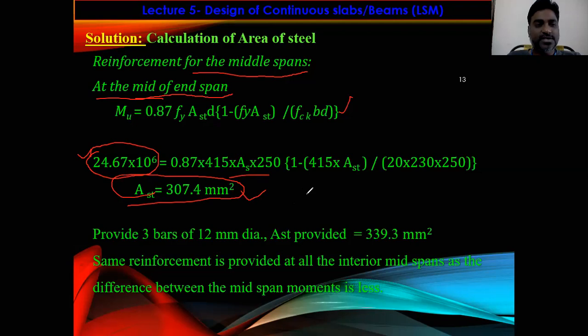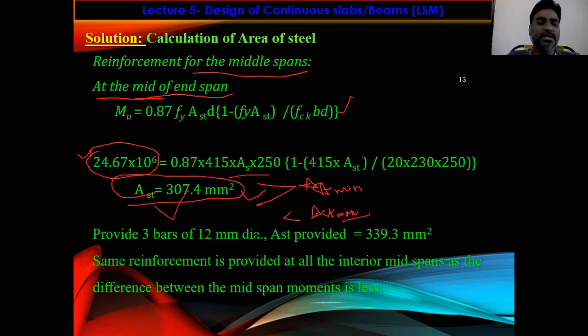And this you also need to check. You should check corresponding to the maximum reinforcement and minimum reinforcement as per IS 456 2000. So I have checked it. It is greater than Ast minimum and less than Ast maximum.